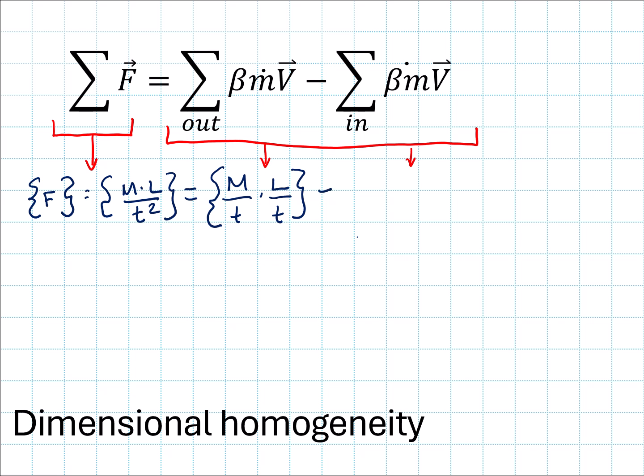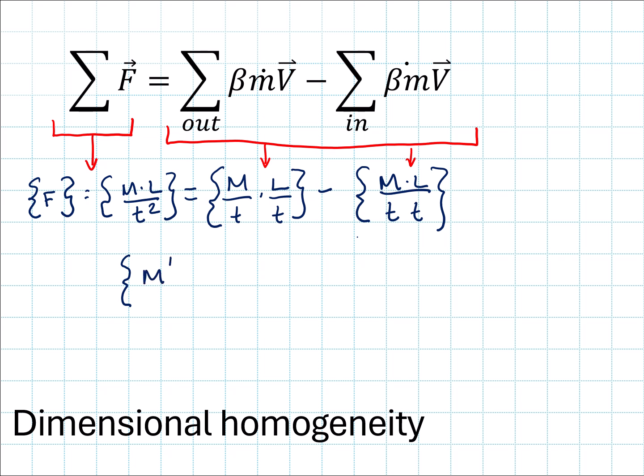And I get the same thing for my second momentum term, right? So overall, I'm going to have a mass times a length per time squared. And so I can see that this is dimensionally consistent with my force term, right?